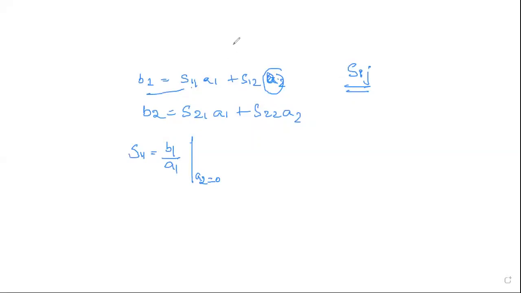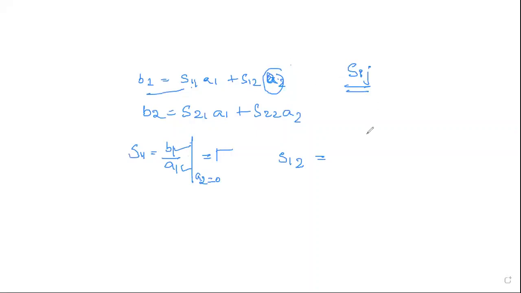So you're not writing the equation with respect to the definition of Sij. You'll be writing the equation with respect to these two equations. So this will be your reflected, this will be your incident, which is nothing but your reflection coefficient. Similarly, if you write for the next one, that is S12, where A1 will be equal to 0, S12 will be equal to B1 by A2.